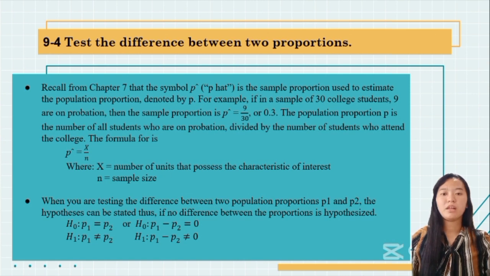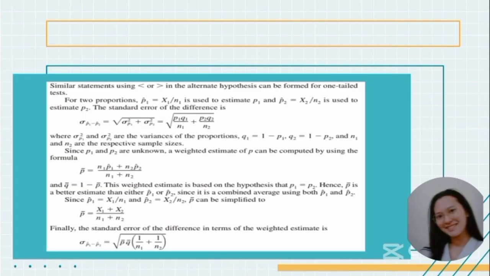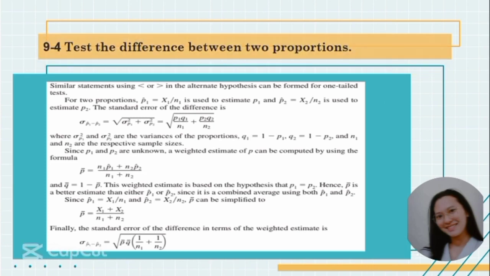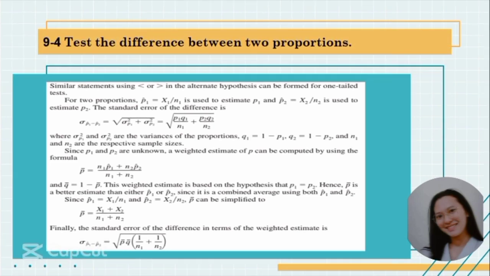Or null hypothesis: p sub 1 minus p sub 2 equals 0, and alternative hypothesis: p sub 1 minus p sub 2 is not equal to 0. Similar statements using less than or greater than in the alternative hypothesis can be formed for a one-tailed test.